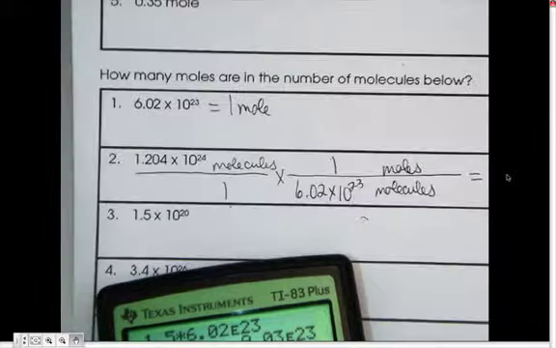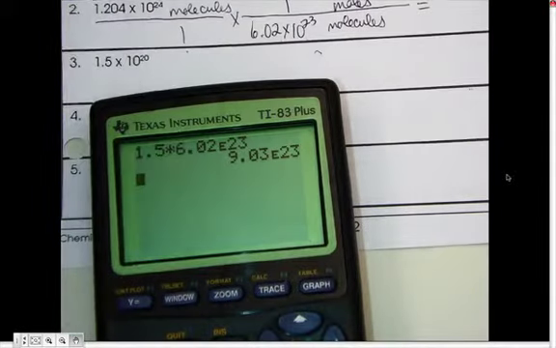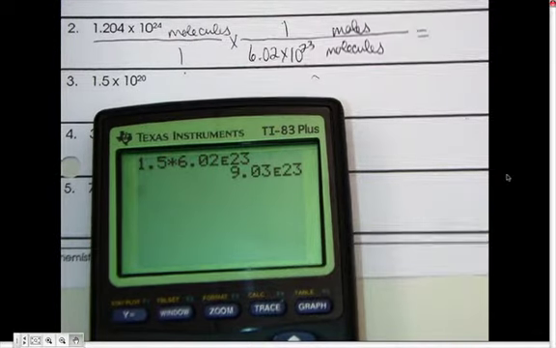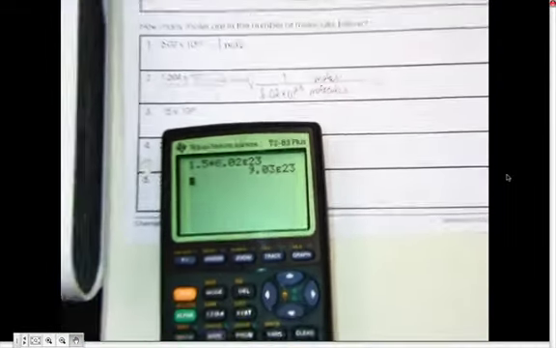Let me move the calculator up a little bit so you can see what I'm punching in here. I need to zoom out a little so you can see the keys.